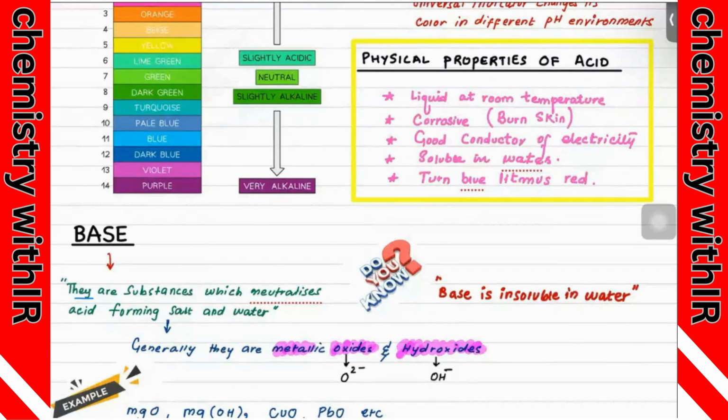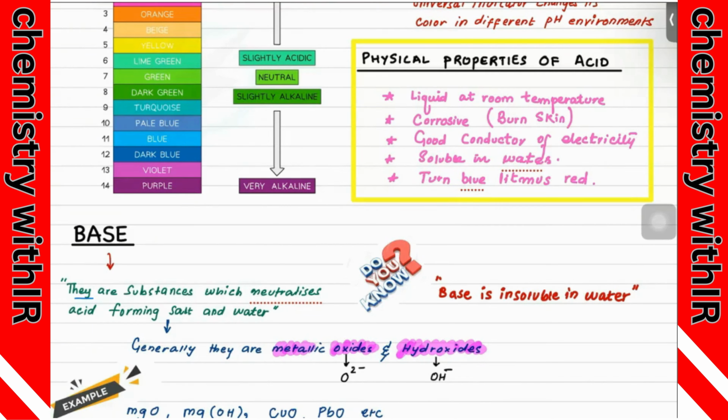Sir, is it red in color? If you are taking blue litmus paper, it would be turning into red. If this happens, remember, it means that the acid is confirmed.